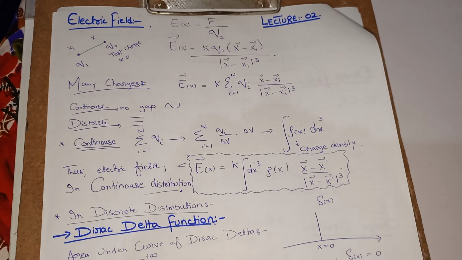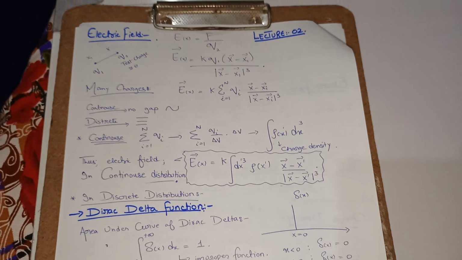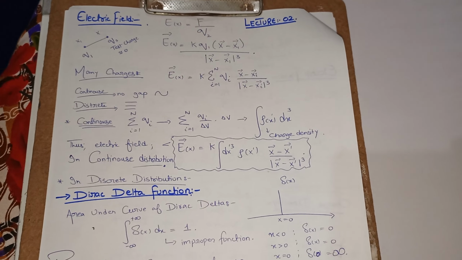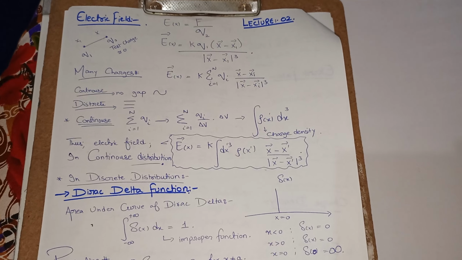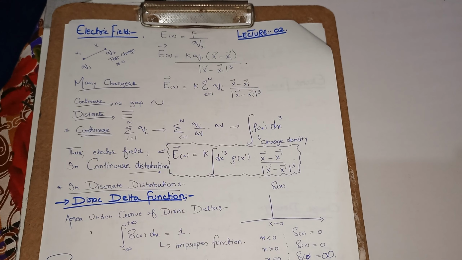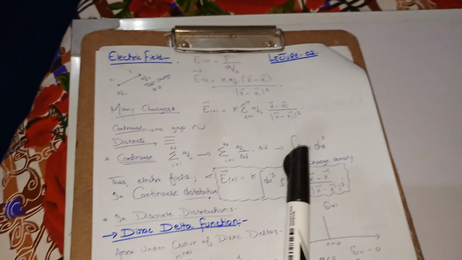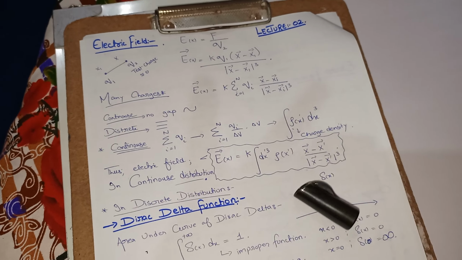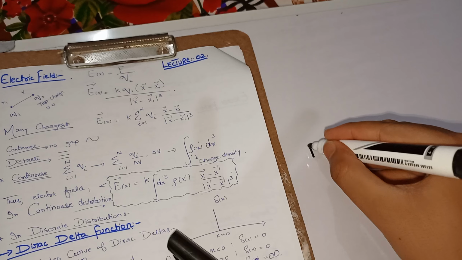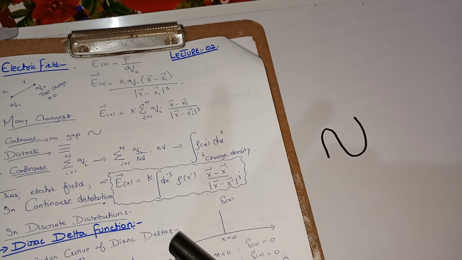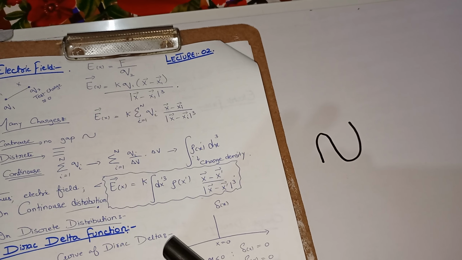Now there are two concepts, continuous and discrete. When we are dealing with continuous, it basically means no gap. Let me show you a graphical way. If there is a wave, this wave is continuous; there is no gap in this wave.